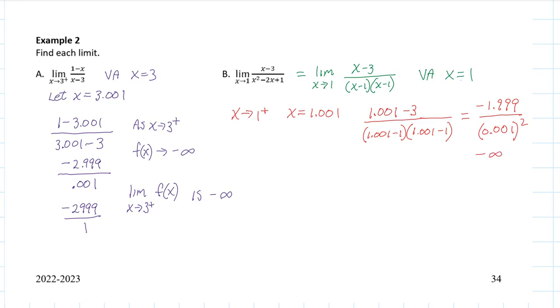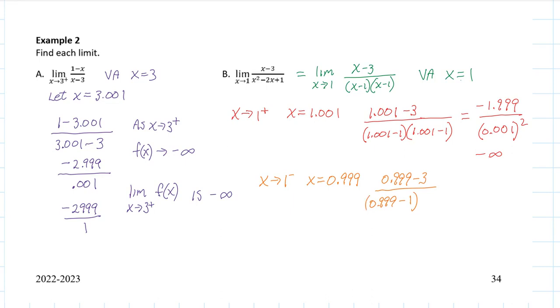and I can do the same thing on the other side. I can come back and say x approaches 1 from the negative side, so I'll let x equal, I don't know, let's do 0.999. How's that? Here we go. So we got 0.999 minus 3 over 0.999 minus 1.